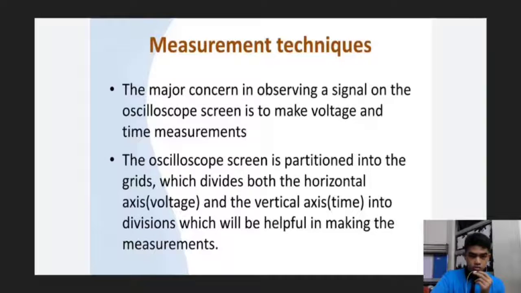The oscilloscope screen is partitioned into grids, which divide both the vertical axis, that is voltage, and the horizontal axis, that is time, into divisions which are helpful in making the measurements.